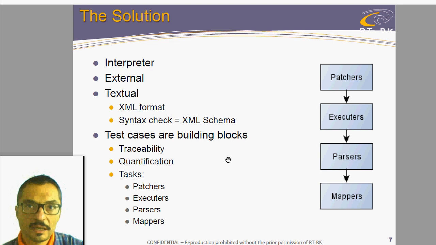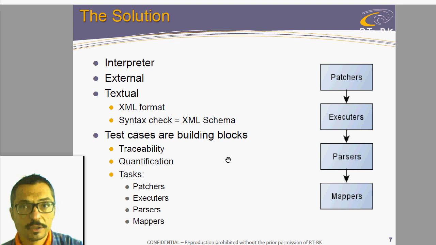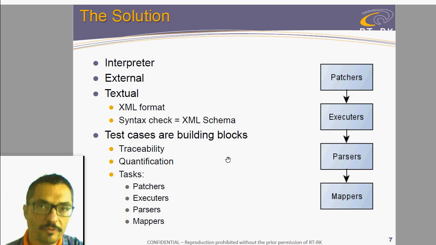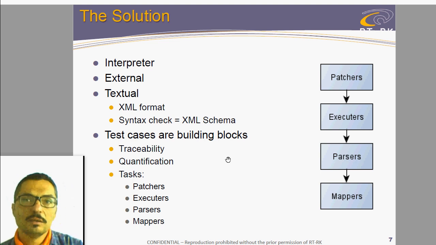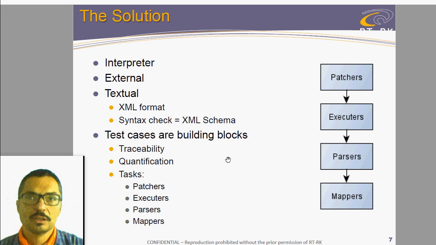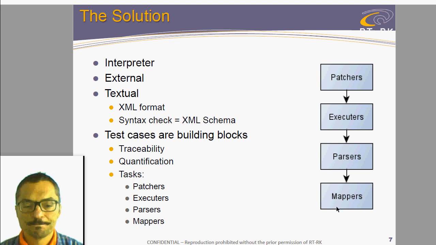After the executions, we parse the output in order to find critical values, for example, errors that need to be there because we changed the input files. And in mappers, we actually map the expected values against the values that have been found in parsers.